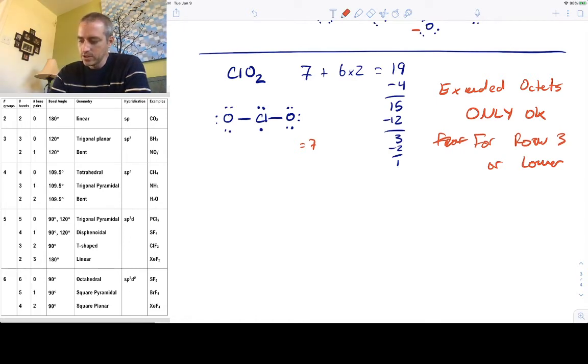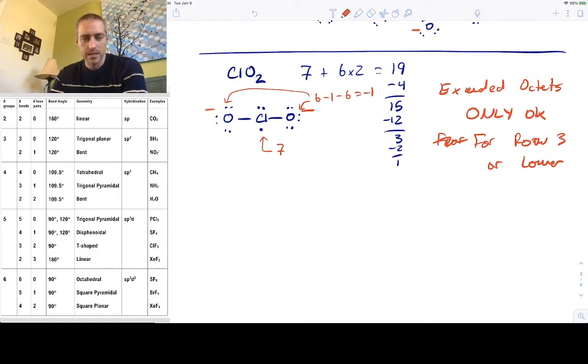Each oxygen has 6 valence electrons minus 1 bond minus 6 unshared electrons, which is -1. The same is true for the other oxygen, so it's minus, minus. For the chlorine, I'm going to remove that so we don't mistake it. It has 7 valence electrons.